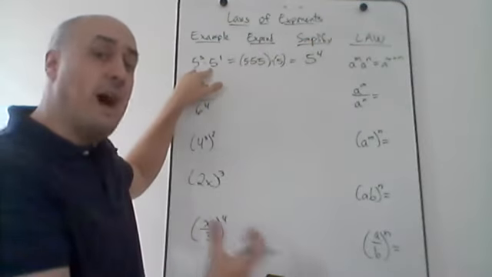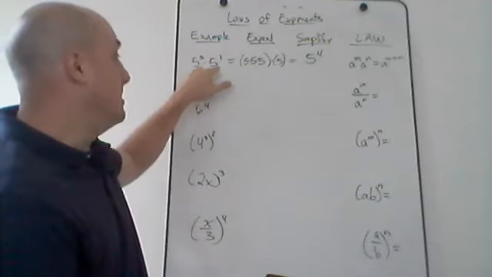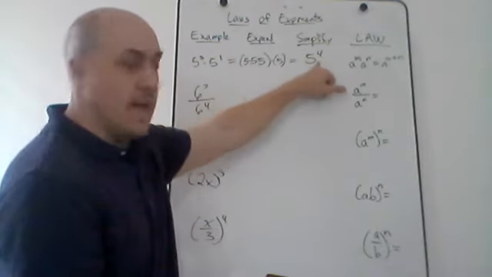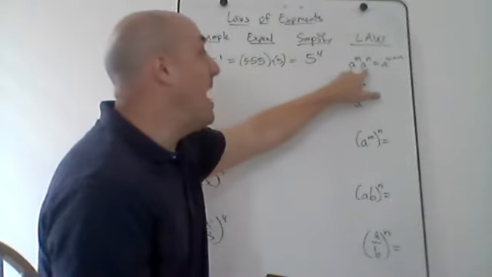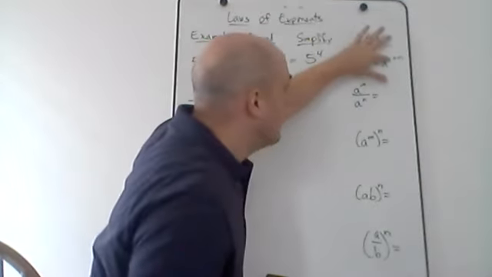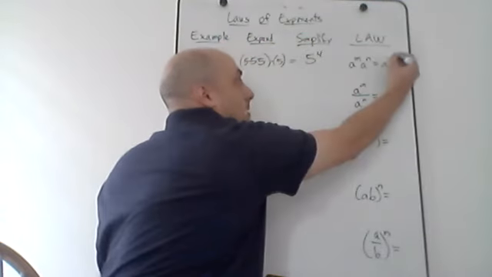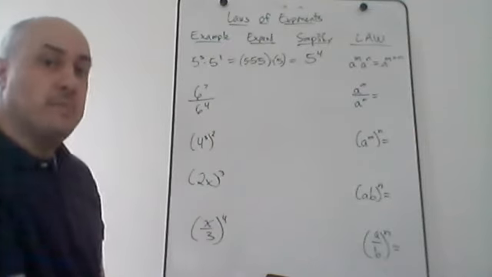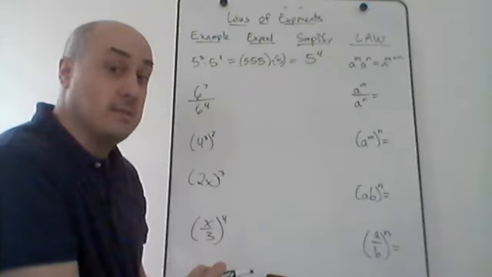It doesn't become a 25 raised to a power, right? It stays as a 5, and then I just take the exponents 3 plus 1 and get the fourth power. Right? So anything in that form, a to the m times a to the n equals a to the m plus n. I'll write this hopefully a little more clearly so you can see it. Right? So when you're multiplying with the same base, you add the exponents, you keep the base the same.